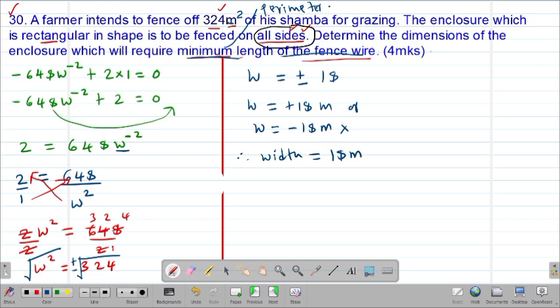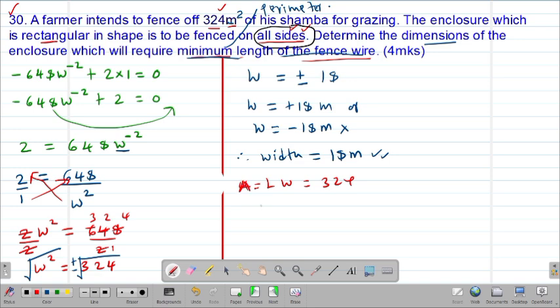Now, they wanted us to find the dimensions of the enclosure which would require minimum length. So the width is 18 meters, and you can also get the length. Remember, from our initial working, we had said that length times width was equal to 324, which was basically the area of this particular rectangular figure.